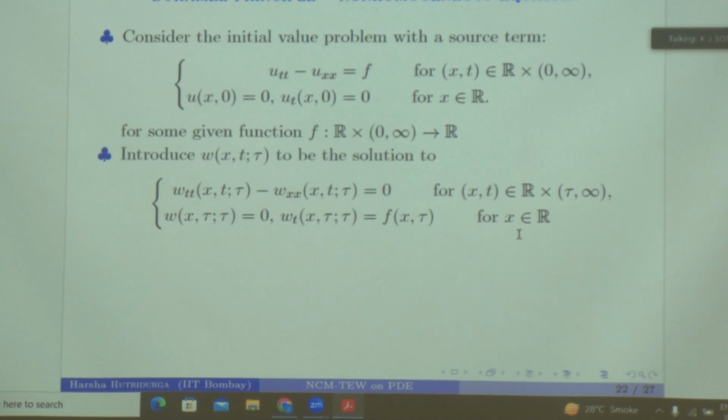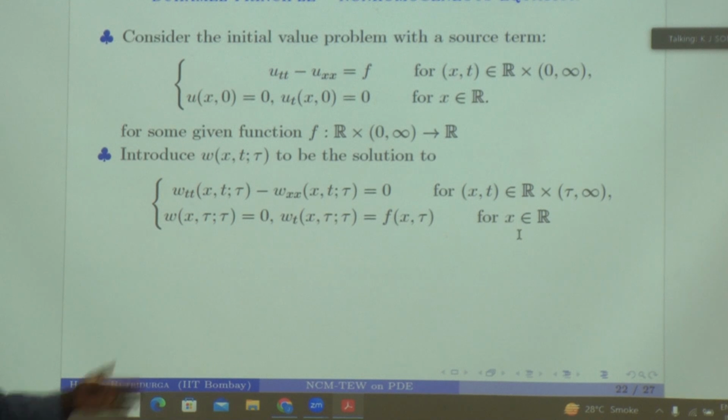If I am given the values of u0 and u1 on this axis, I can use D'Alembert's formula to write down the solution at any point (x, t). The only thing I need to do is draw those lines and pick those points, and this is the interval that matters for writing down the solution using D'Alembert's formula, and that's what we can do. So this is the trick in it.